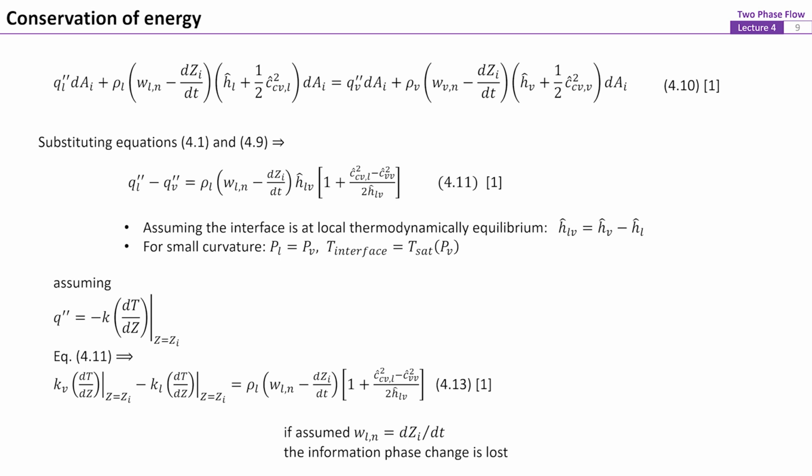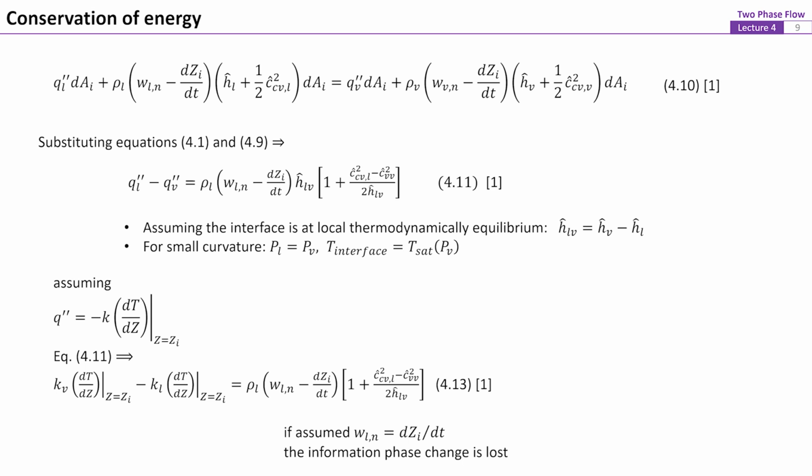For many systems, the contribution of fluid kinetic energy to the energy balance is negligible compared to the change of thermal energy due to phase change. In this case, the factor in the square brackets in equation 11 is close to 1.